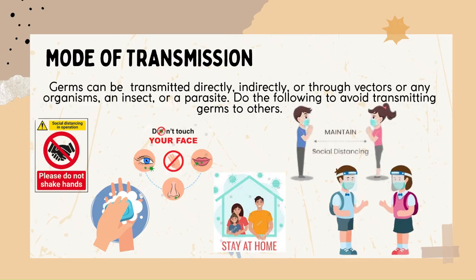One, don't shake hands unnecessarily. Wash your hands regularly. Avoid touching your face. Stay at home if you're sick. Maintain social distancing. Wear a face mask or face shield when needed. This action stops germs from moving from one place to another.